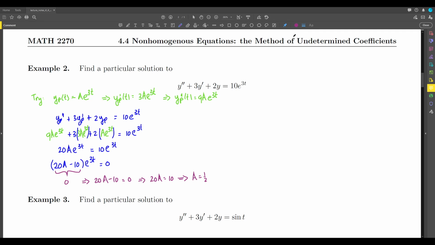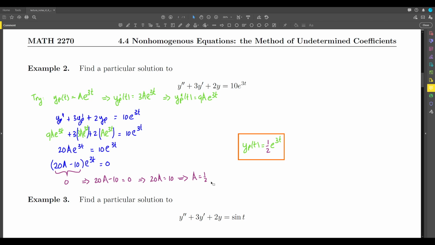So our solution here is yp of t equals 1/2 times e to the power 3t. Now you should verify for yourself that when you plug this into the differential equation you indeed get a solution.